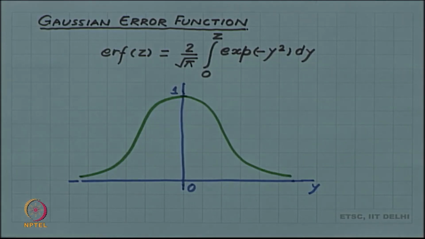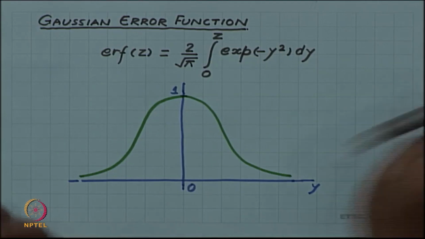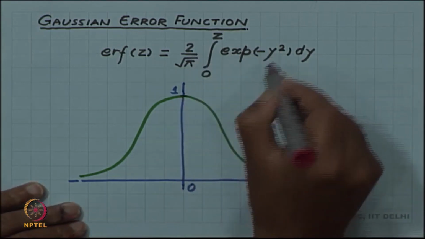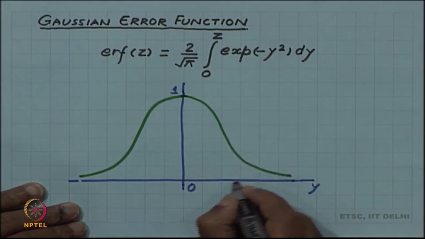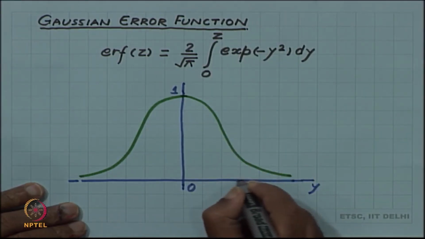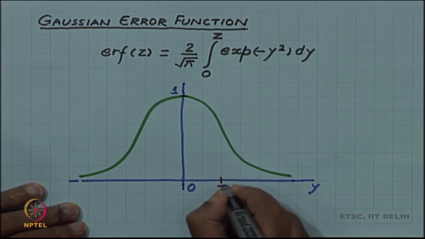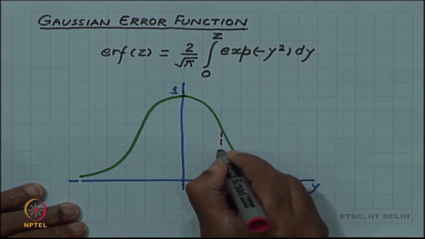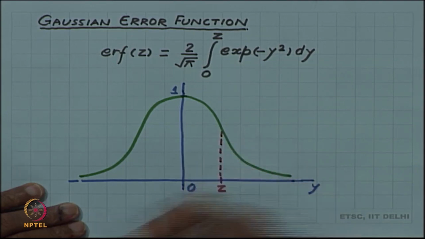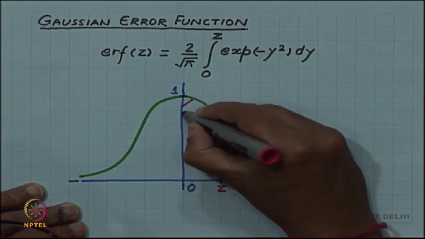By the very definition of this function, you have to find the area from 0 to z. If I want to find the error function at z, all I have to do is find the area under the curve up to z.